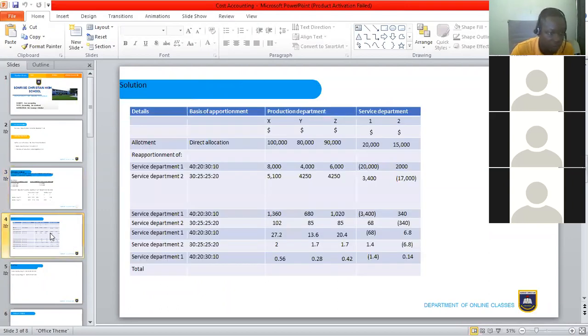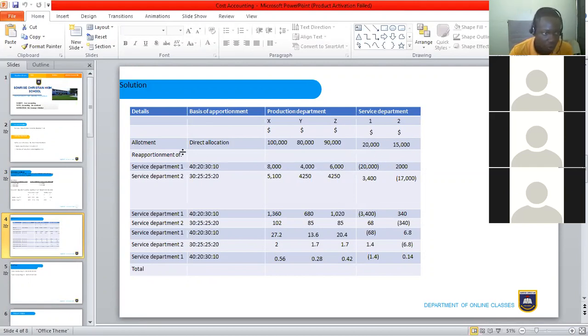Now you must make it clear that you are about to reapportion service department costs. Do not forget, the focus is on sharing service department costs. We have two service departments, so our focus is going to be on sharing 20,000 and 15,000 respectively.